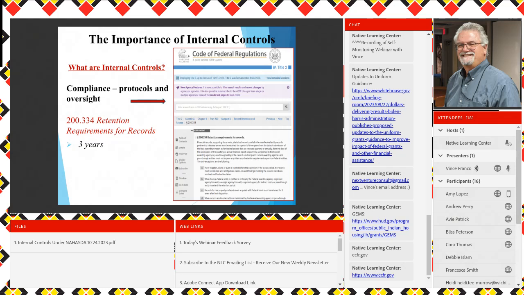So I suggest that you meet the letter of the law and keep them for 3 years, but you consider a longer period of time. And the reason being is more and more ONAP and HUD and some of these other federal agencies, like most industries, are struggling to get people on board.